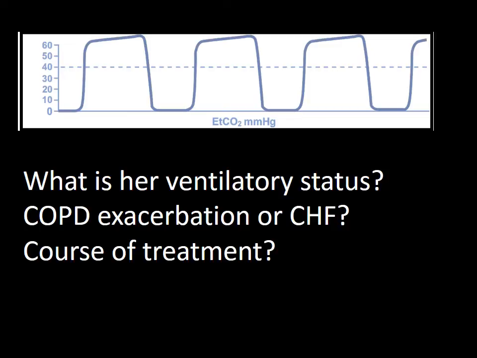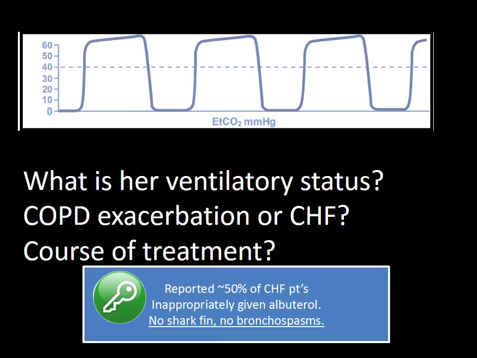And this is important because about 50% of CHF patients are inappropriately given albuterol. Remember that that is an adrenaline agonist, so it's not without its side effects. So if you have a patient with severe CHF and you give them maybe something to stimulate their heart more, you could potentially make that worse.